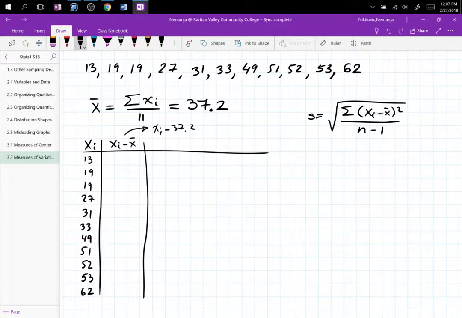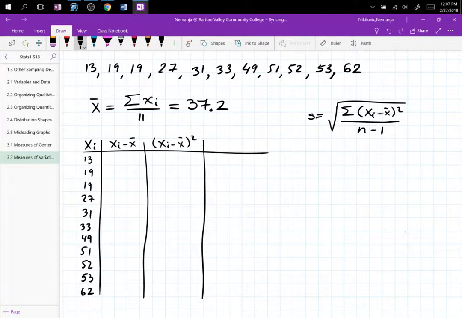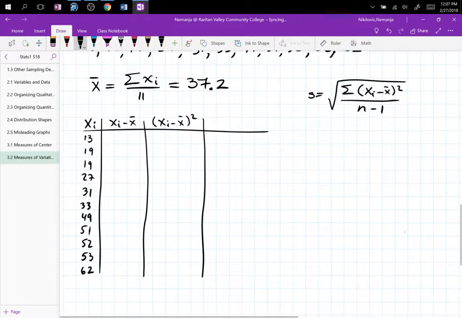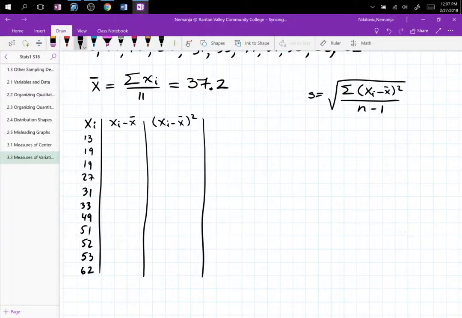So that's what's happening in that column. And then we are going to square those values, xi minus 37.2. And that's technically all we need in a chart, because there is going to be a grand total at the end.